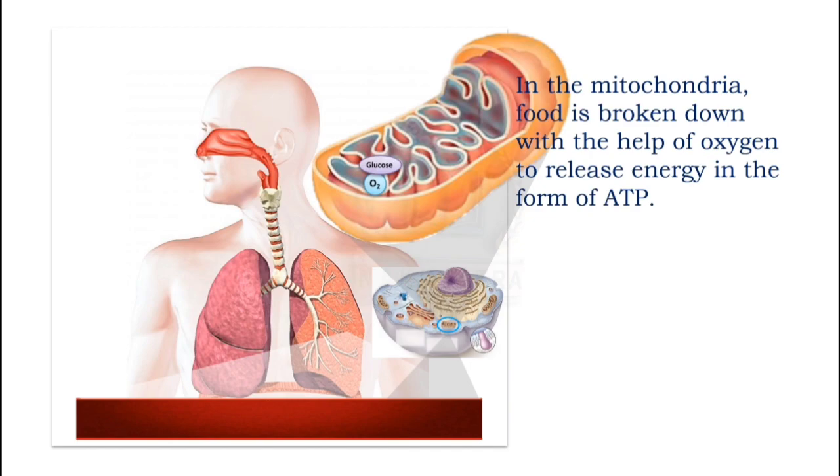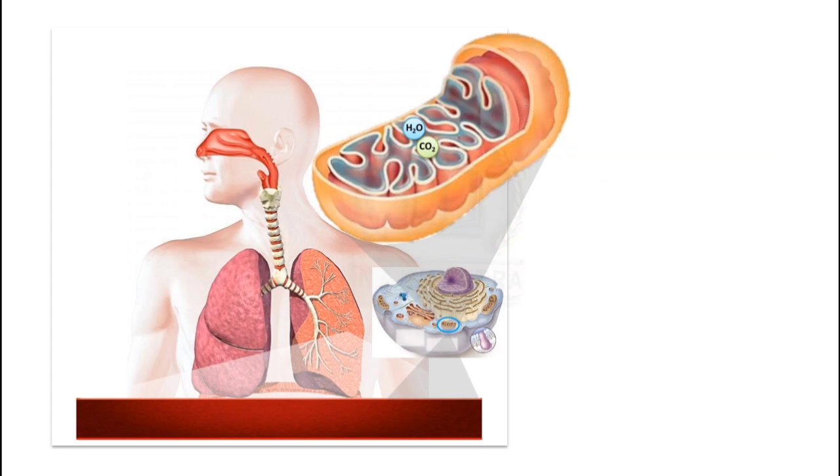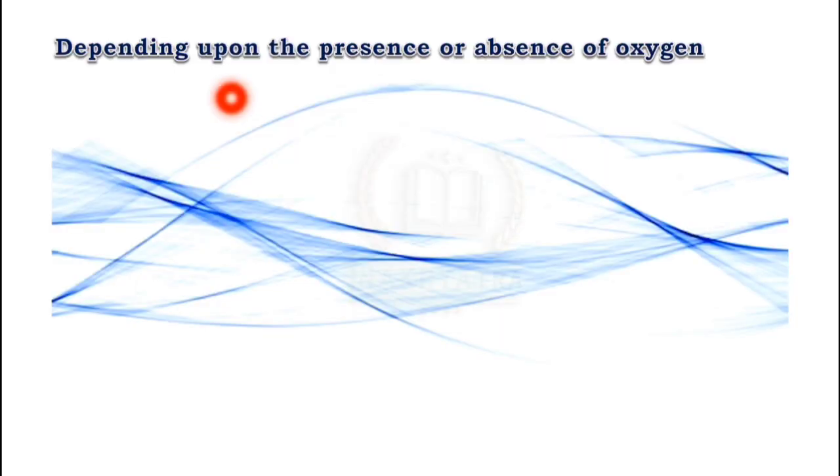In the mitochondria, food is broken down with the help of oxygen to release energy in the form of ATP. Carbon dioxide and water vapor are given out as byproducts. These byproducts are given out through breathing. Okay, I hope everybody is clear.